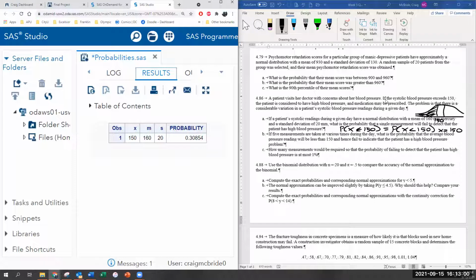So the reason why the average of this distribution is 160 and the standard deviation is 20 is because we've made this up, but it's the fictional context of this patient having an average blood pressure of 160. A standard deviation of 20 just means that during the day, their blood pressure is going to vary greatly. And it does, right?